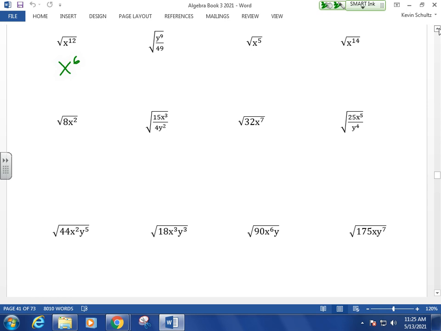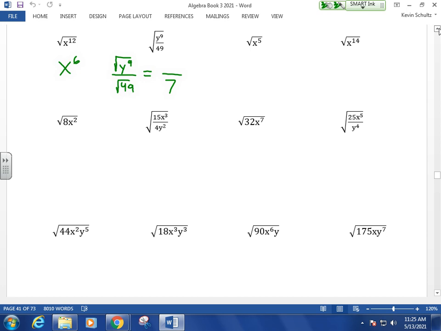The next one, a fraction. I know that I can split this up to be the root of y to the 9th over the root of 49. I still like that my denominator, enjoy this while it lasts, folks, being a perfect square puts us in our happy place.